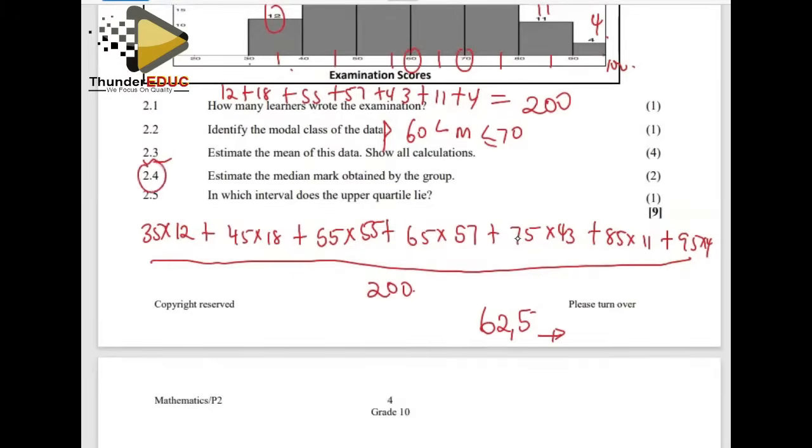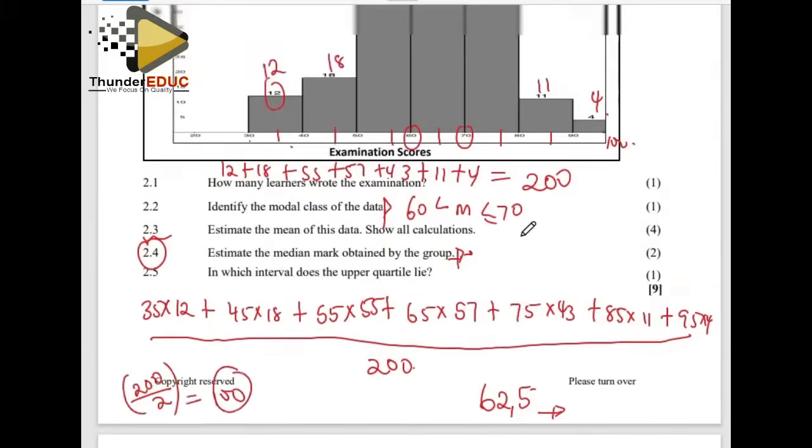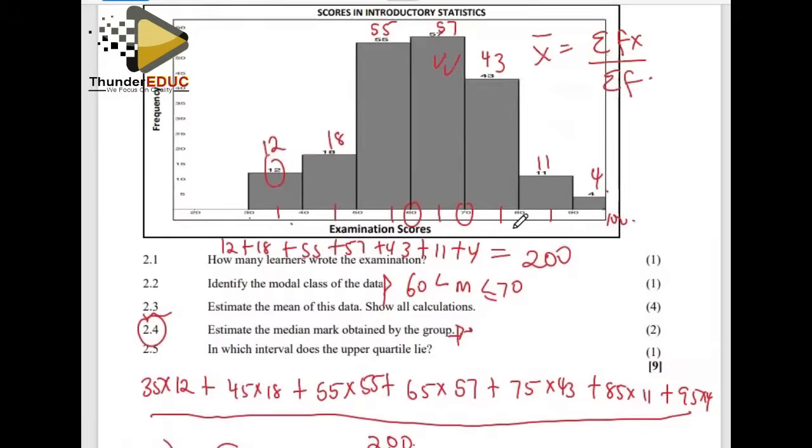Then 2.4, how do we estimate the median mark of the group? With the median mark, we know that the total is 200. 200 divided by 2, we're going to get 100. Now let's try to add up all of these numbers and see where we get 100.